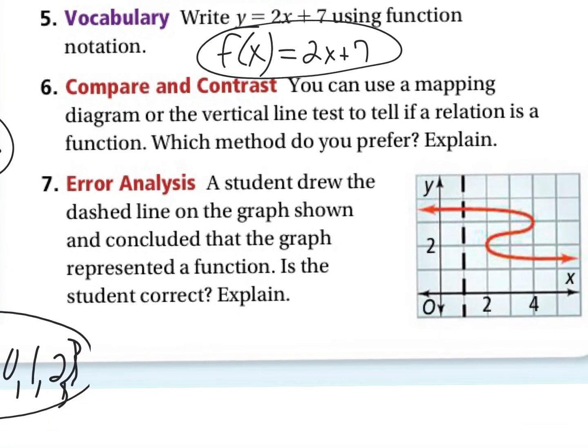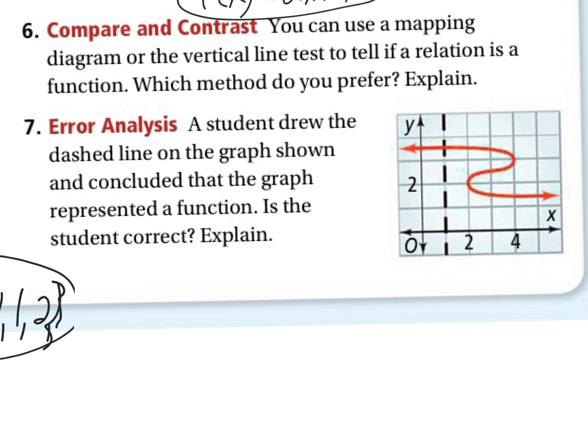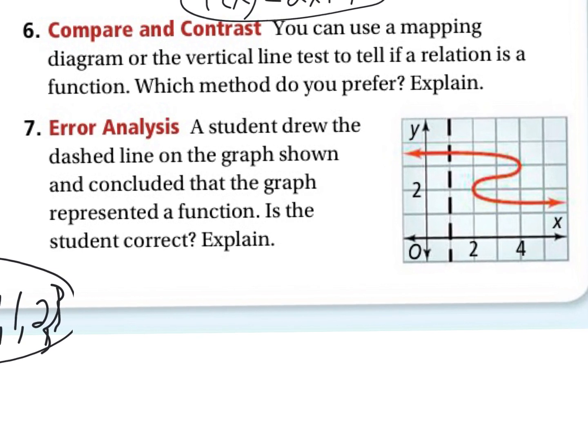Finally, number 7, a student drew the dashed line and concluded the graph represented a function. Is the student correct? So we can do this since it's graphed. We can use the vertical line test. So I think if you look at this, what the student did, they drew a vertical line here and said, yep, it only passes it one time, so it must be a function.